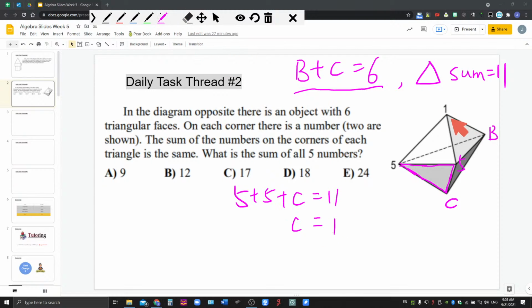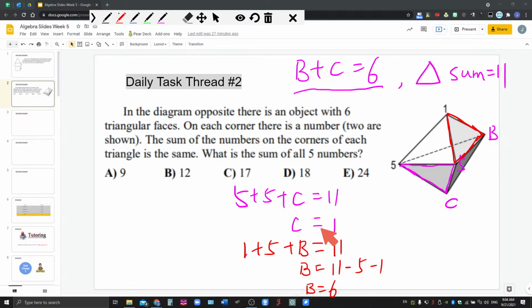If we want to find B, we can use this triangle, with 1, 5, and B. So 1 plus 5 plus B equals 11. And B will be 11 subtract 5, subtract 1, B will be 5.